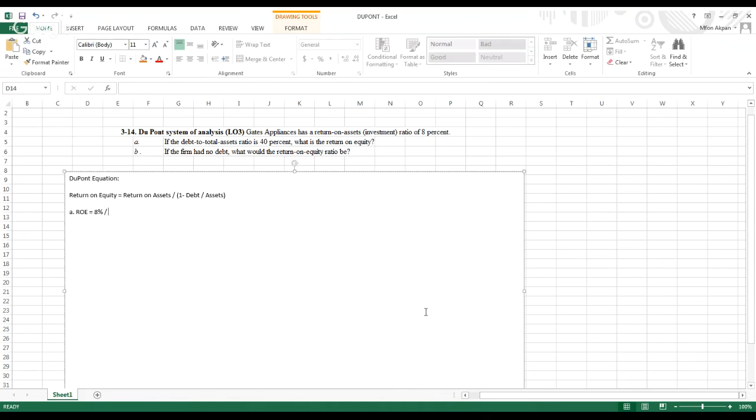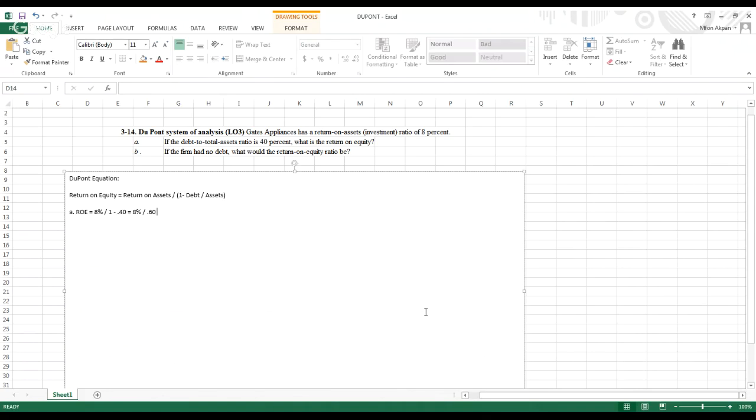So using that, let's take a look at this. We've got 1, and then we're going to minus 40%. So we're going to write this in decimal form, 0.40, right? Now, let's solve this out. So that's going to equal 8%. We still have the 8% divided by 1 minus 0.40. That will give us 0.60.